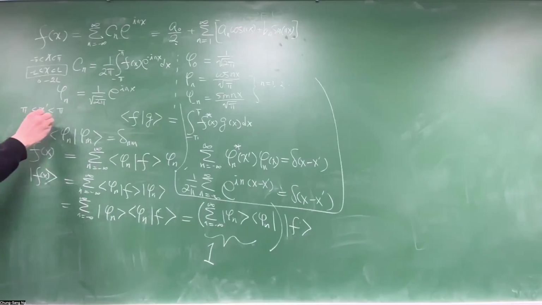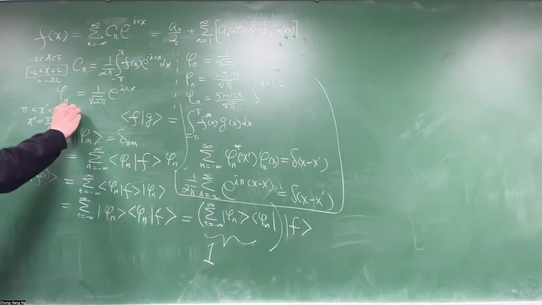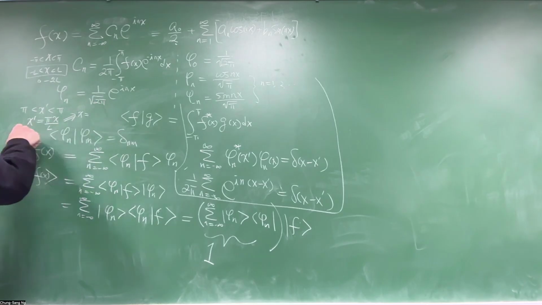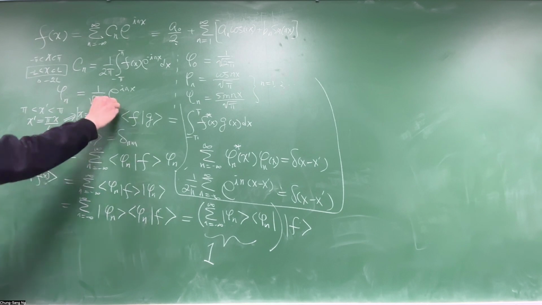So you can say that x prime must be proportional to x. When x equals L, x prime goes to pi, so it's pi divided by L. Right, that's what you do, or the inverse. The inverse relation is x is L over pi times x prime.